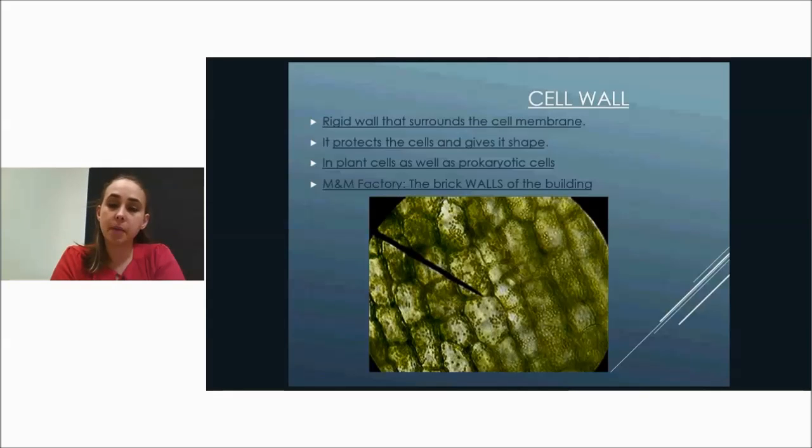In fungus, it's made up of chitin. And it gives the plant cells this rectangular shape. And that's why they were actually called cells. They were first seen in cork, which is a plant, and so they looked like little rectangles.